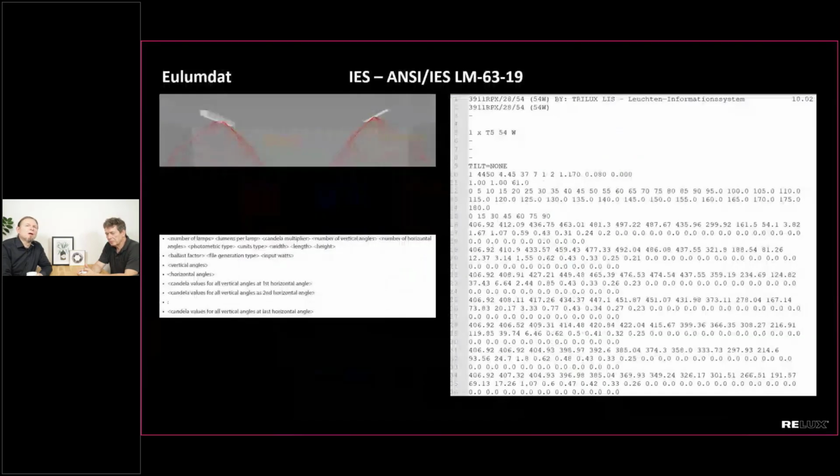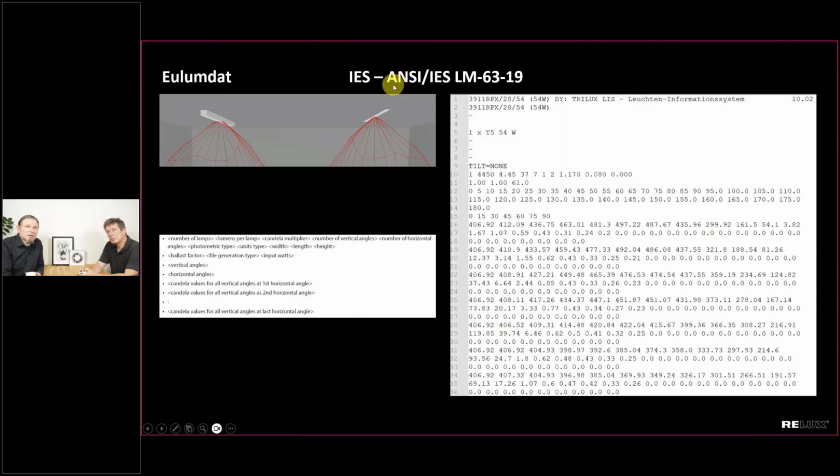Yeah. So let's jump from OilumDAT to the next most commonly used file format, which is IES. Usually in Europe we call it IES or IES file, but IES is a huge organization in the States dealing with light and lighting. But this is also standardized.